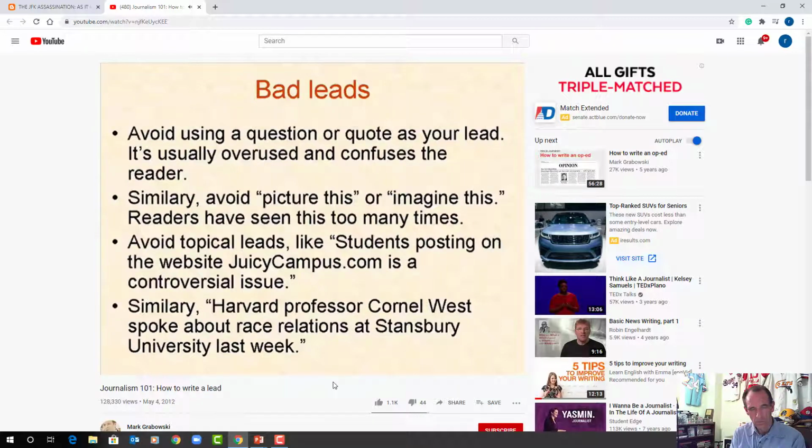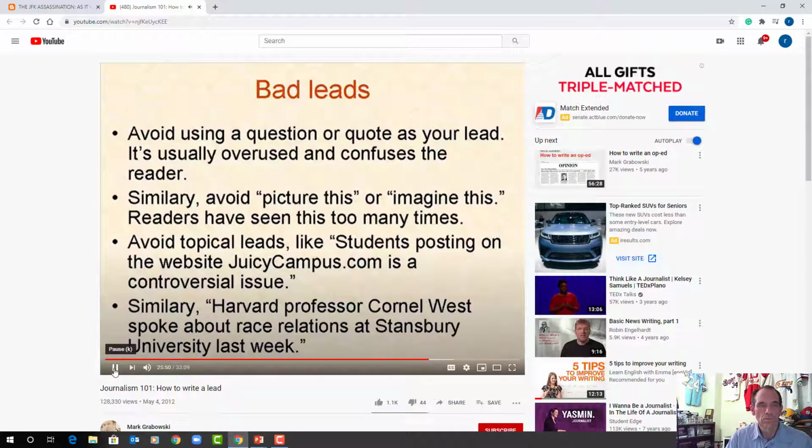Similarly, if you have a lead like "Harvard professor Cornel West spoke about race relations at Stansbury University last week," that's a topical lead. The fact that he spoke at the university is not really in and of itself news. What he said, however, might be newsworthy. Did he say something that he's never said before?